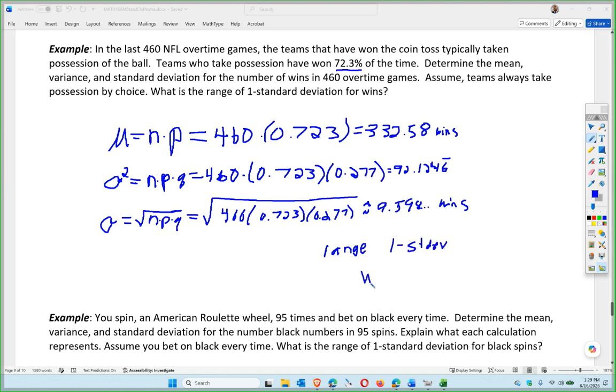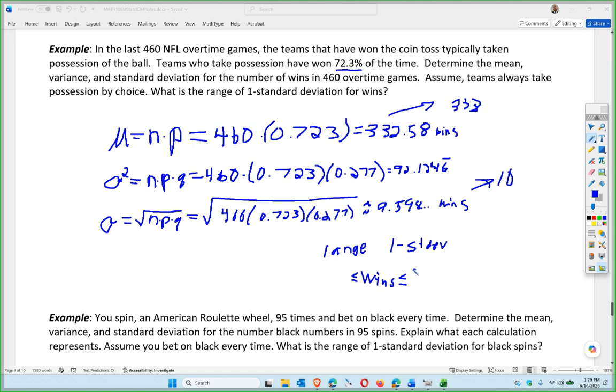For the number of wins, right? Okay. The answer is not a whole number, so we'll say this is 333, you know what I'm saying? We'll kind of round that up to 333. Can't really get a partial win. And we'll say this is close to 10. That's close enough, right? So if I do one standard deviation, that's plus 10, right?